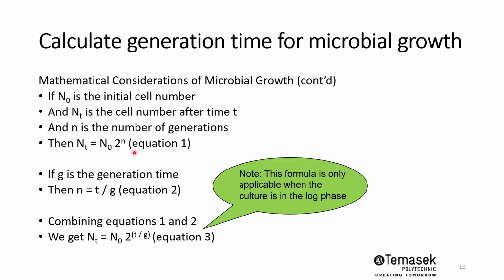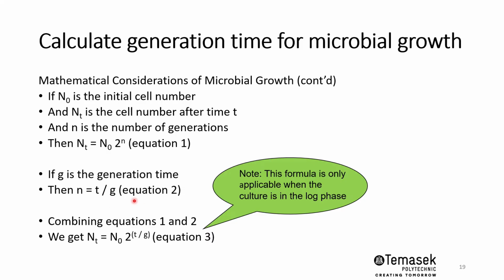If you assume that G is the generation time, then we can find n, the number of generations, from the calculation of t, which is time, divided by G, which is generation time. So time divided by generation time will give you the number of generations. This is the second equation.